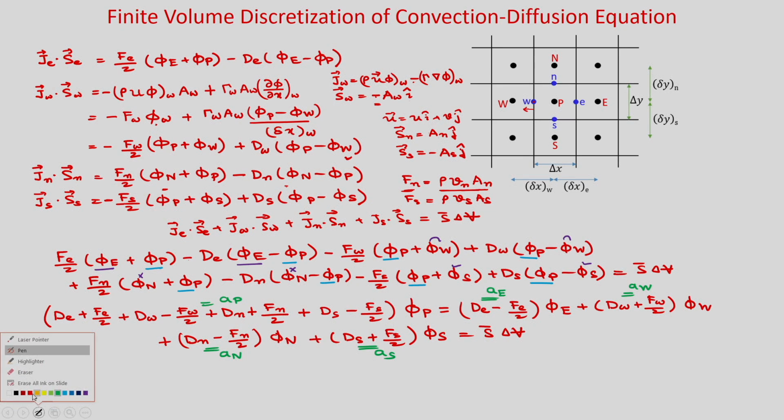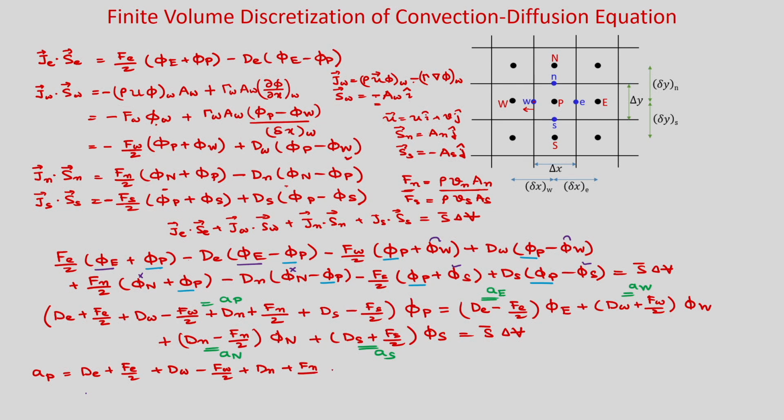So, a p you can write as d e plus f e by 2 plus d w minus f w by 2 plus d n plus f n by 2 plus d s minus f s by 2. Okay. So, we will rearrange it. Now, you can see a e is d e minus f e by 2. So, we will write this first term as d e minus f e by 2.